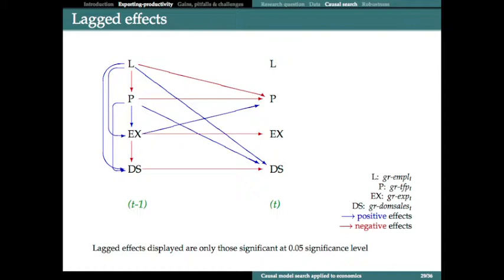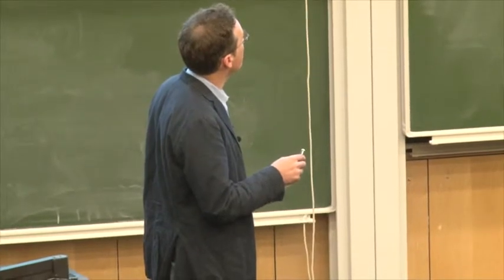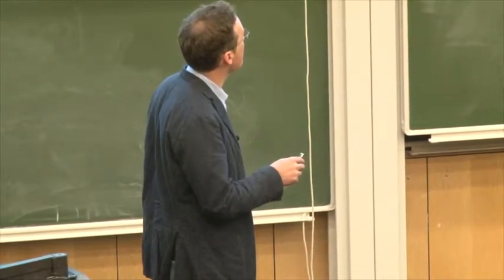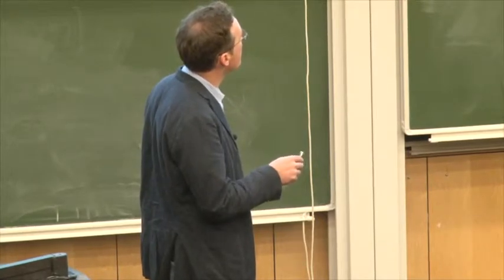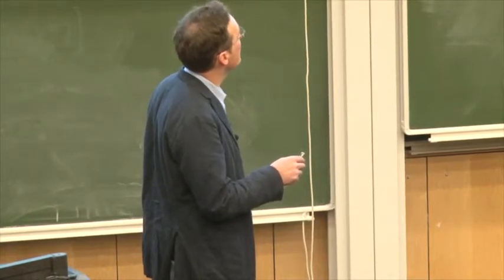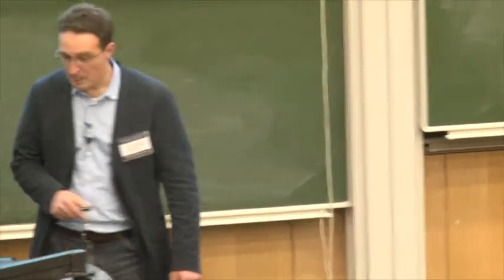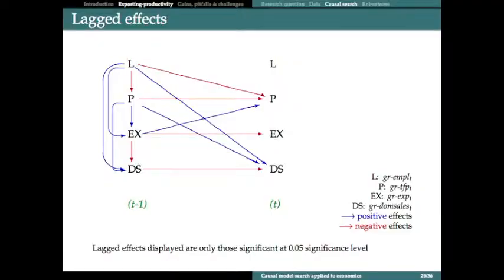For example, we are much interested in the relationship between productivity and export. So we see that productivity is causing export within the period, so within 1 year. But export is causing productivity in the next year. So we display only the lagged effects that are significant at the 0.05 significance level.